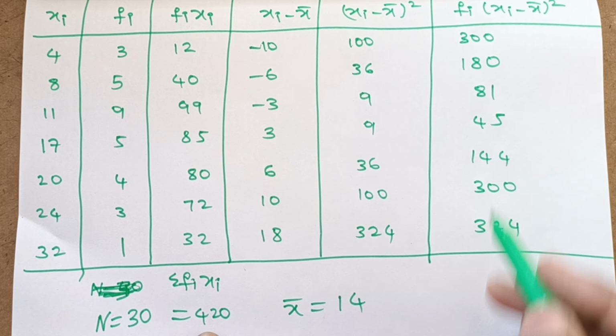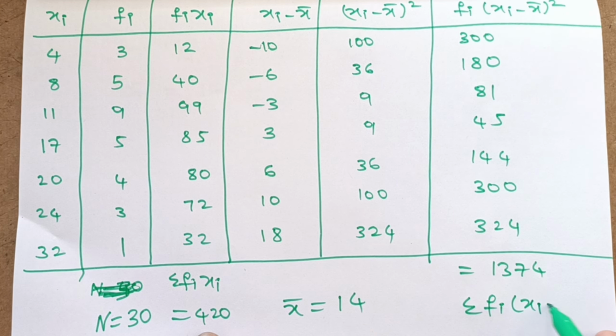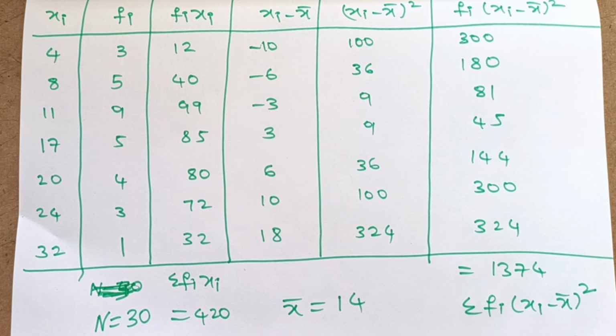Now we should add all these. You will get 1374. So which is what? Sigma fi into xi minus x bar whole square values.